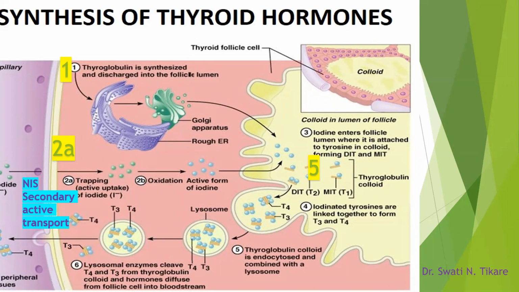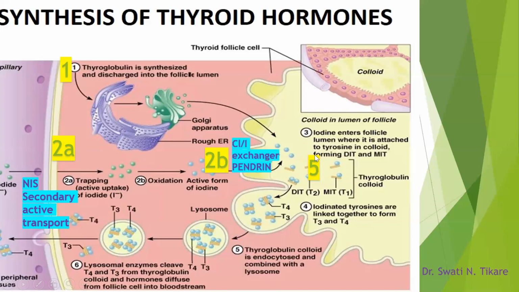There are two variants which they describe. One says that the oxidation, that is the iodide being converted into iodine, happens within the follicular cell. But we will follow the second way, where it happens outside in the colloid. So for us, once the iodide has entered from NIS into the follicular cell, the iodide is transported to the colloid.